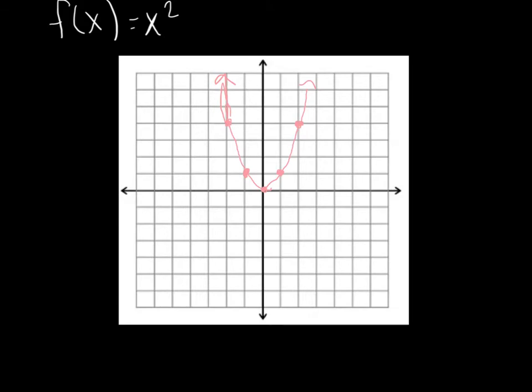This is a reflection of two halves of the parabola. Right here, which happens to be the y-axis, is our axis of symmetry. If you were to take this side and fold it over, it should look exactly like this side, which mine doesn't exactly look like, but it's okay. So a parabola is just a reflection over your axis of symmetry.